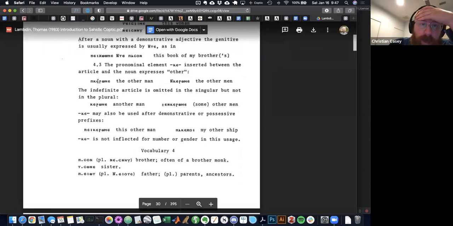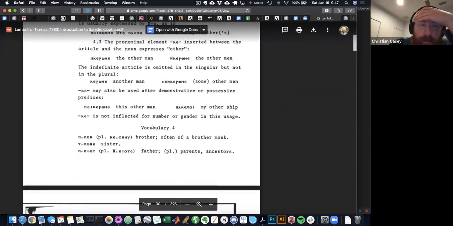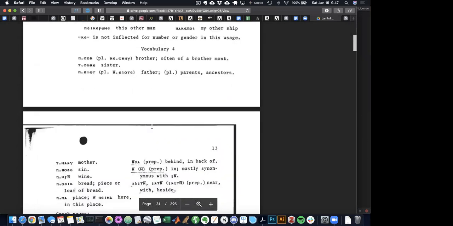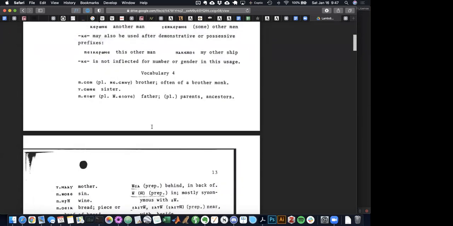We learned this word ke, that means other. So kerome, the other man, and kerome, the other men. Pretty straightforward. If you wanted to say something like no other man, how do you put that together? No other man.